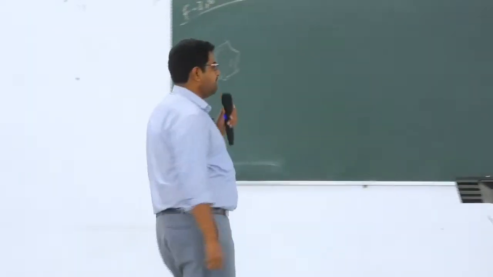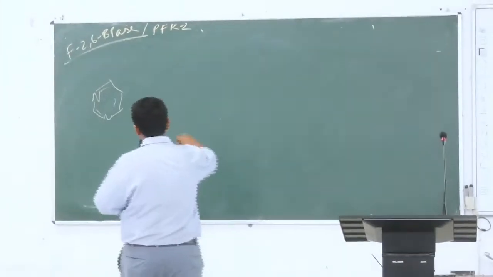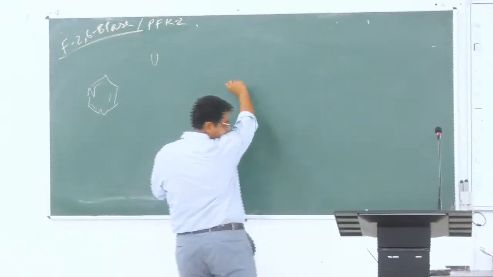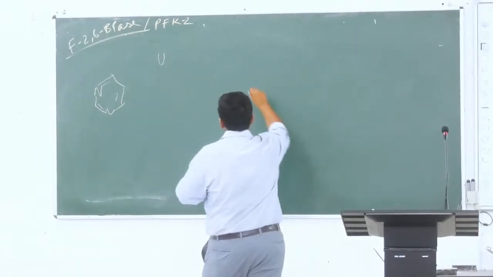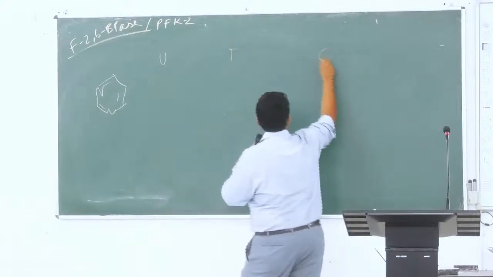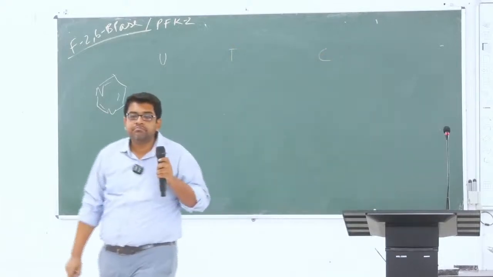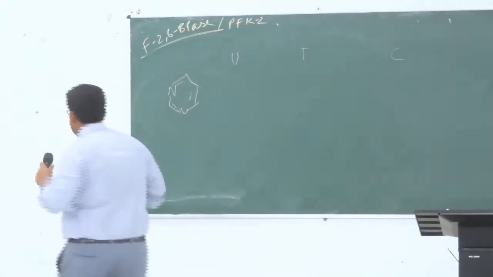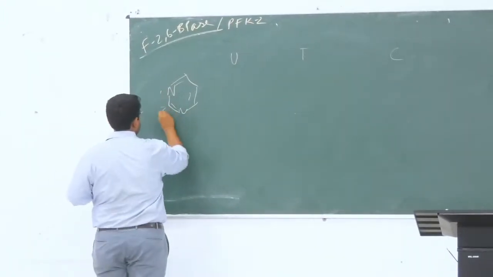Now, in pyrimidines, I remember it like this: U, T, and C. How do you number them? Numbering starts at N. 1, 2, 3.